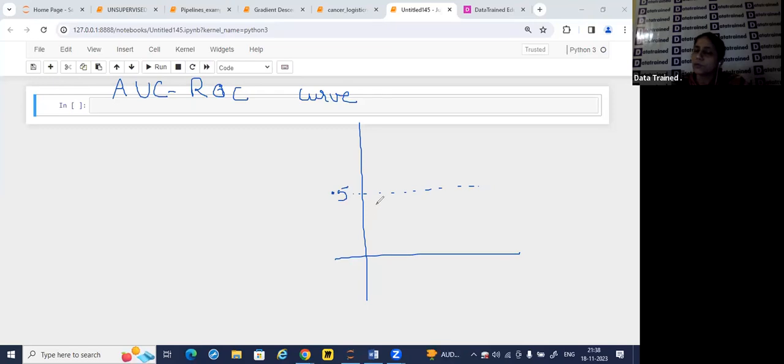This is the default threshold value through which it measures whether any provided data output moves towards the higher side, towards the 1 side, or towards the 0 side here. This one is the threshold value.